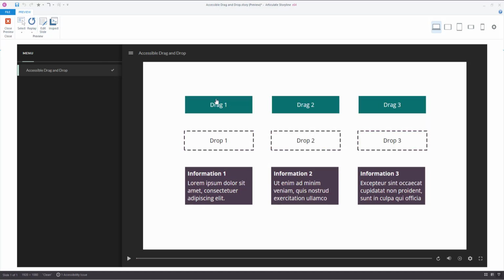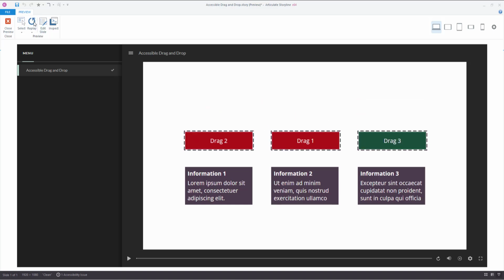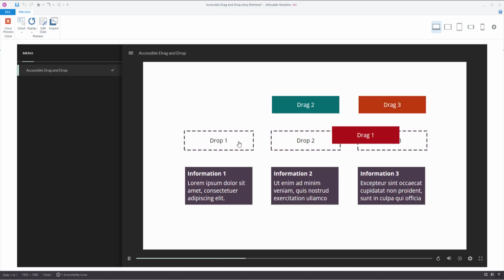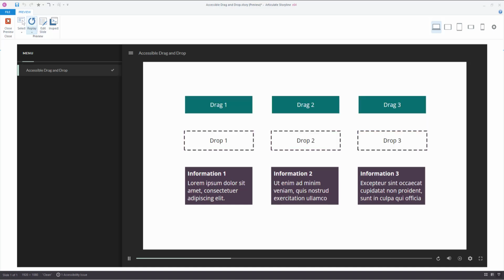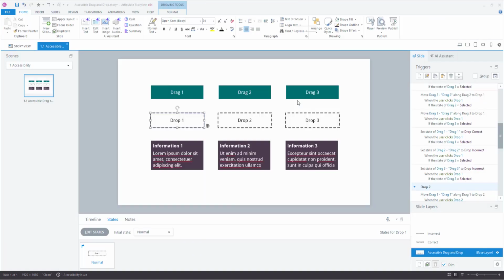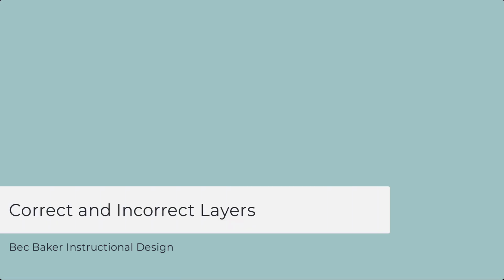And you might want to just do a few versions of those to make sure everything is happy. And we can replay those. Okay. So that is all of our different interactions happening. So next we will go on to creating a submit button and go into our correct and incorrect layers.